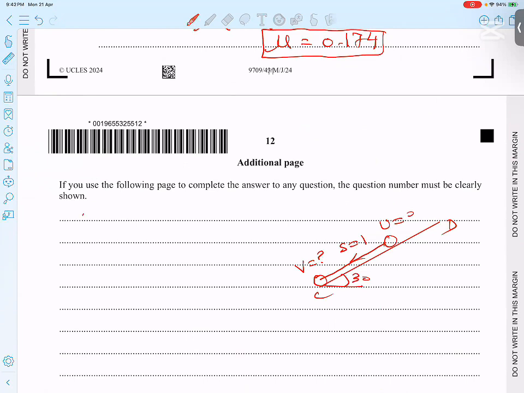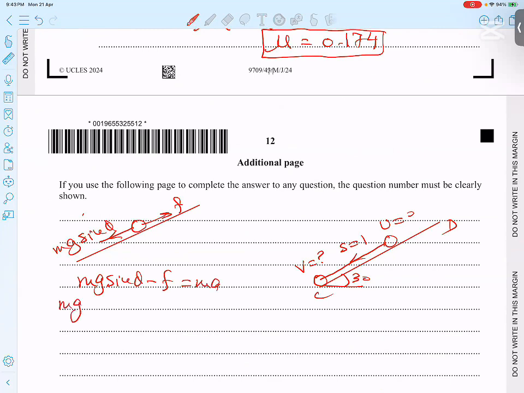How to get acceleration? Because if I get acceleration, the question will be finished. So let's talk again. This is the weight component, mg sine theta, and backward friction. So I can say mg sine theta minus friction equals ma.